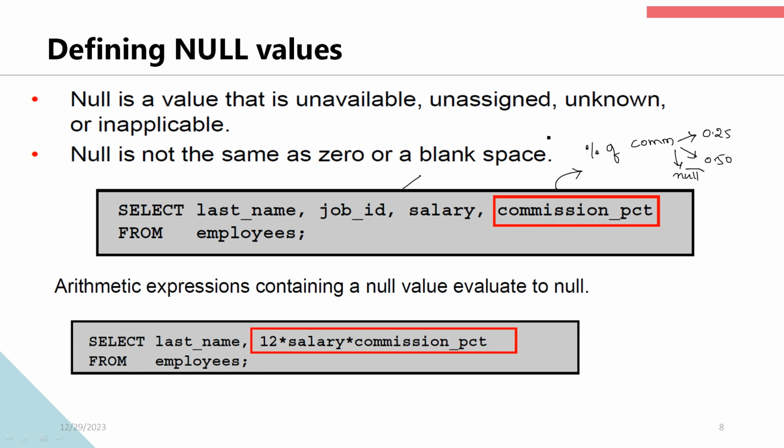So in such situations, represent that by null. So if you are trying to evaluate expressions like this using a null value, and this commission underscore PCT is an attribute which has a null value, whichever rows have these null values, this operation will still result in a null value but never equal to 0. Please try to understand this and try to evaluate it using the SQL terminal.